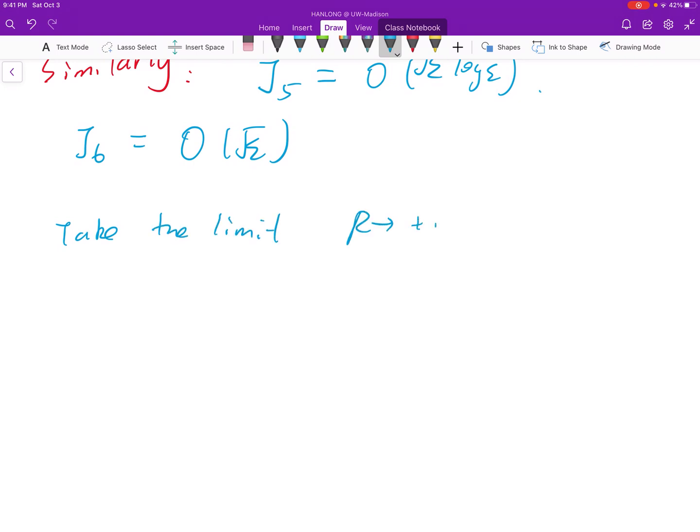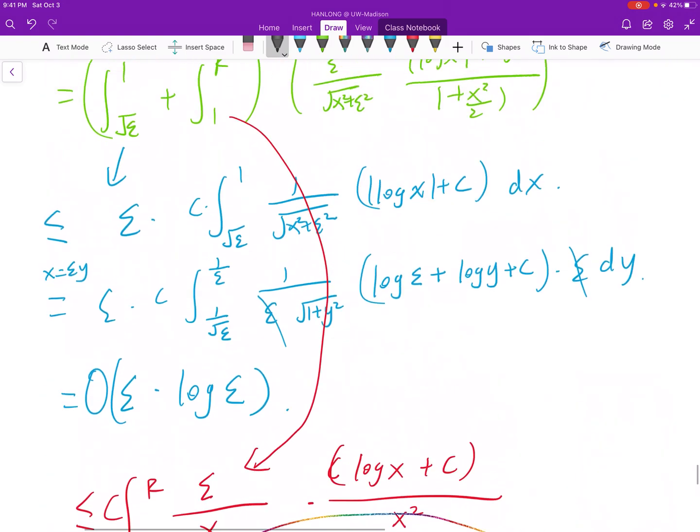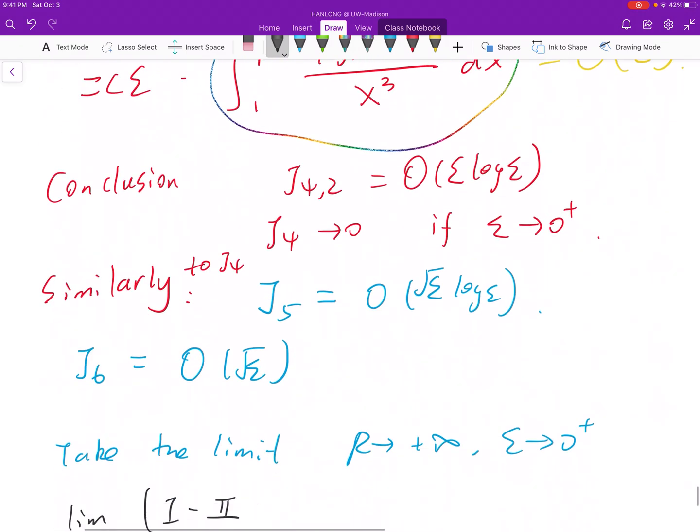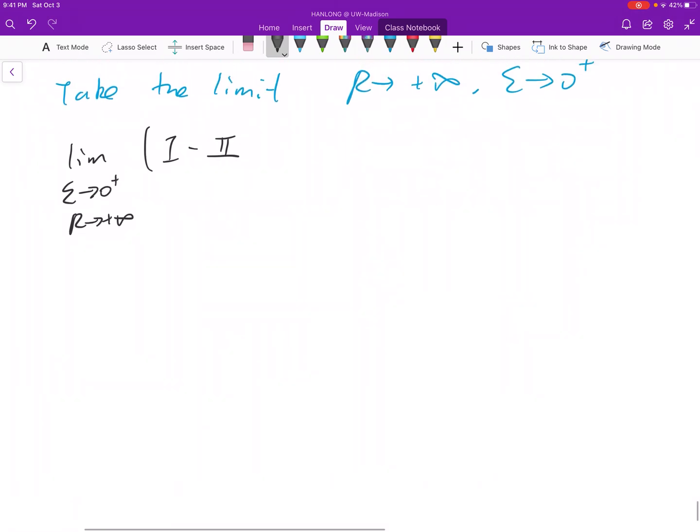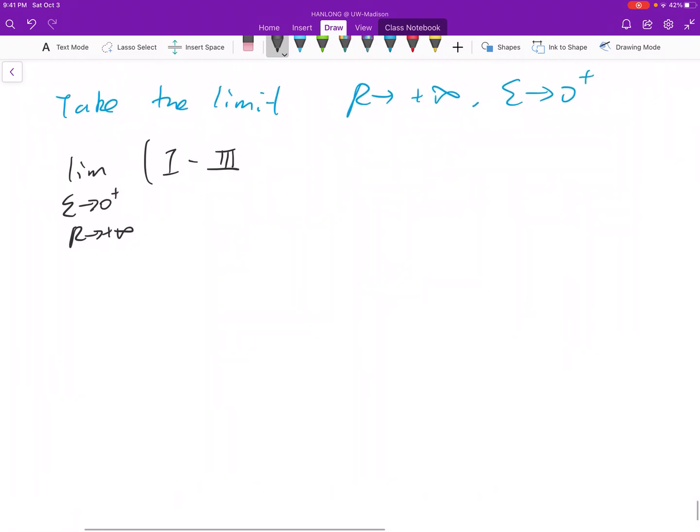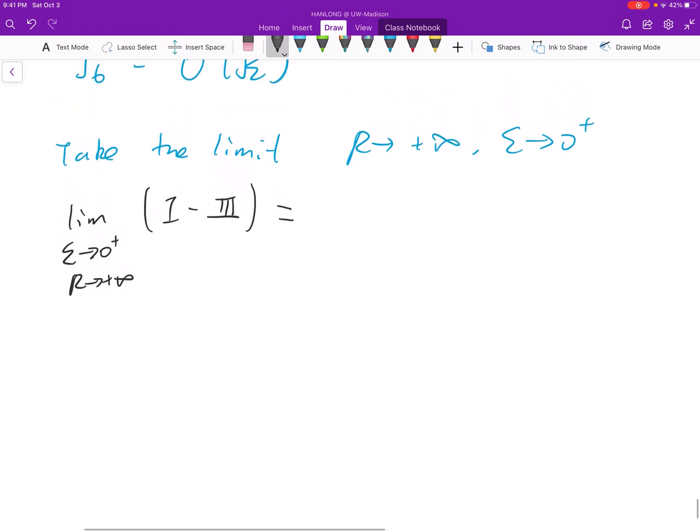Okay, and then take the limit. R goes to infinity, epsilon goes to 0 plus, and then we conclude the limit. The first term, I minus 3 equals... because the first term, J1, we didn't do anything, so now we just write down J1.